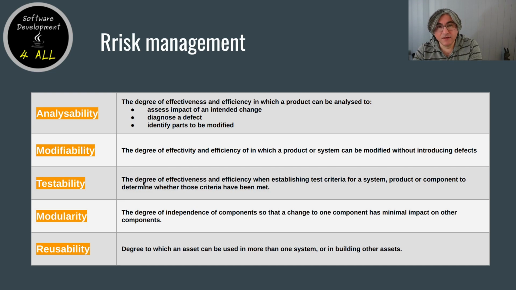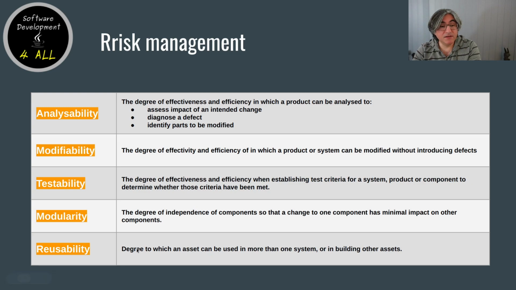Testability, I just said in many more words than the short and concise way they say it here: the degree of effectiveness and efficiency with which test criteria can be established for a system, product, or component, and tests carried out to determine whether those criteria have been met. Modularity is the degree to which a system is composed of discrete components such that a change to one component has minimal impact on other components.